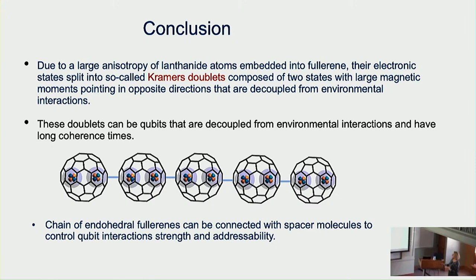And then we are now looking at how to chain them together and even cool them. Of course, one by one, but in principle, I think it's an interesting way to go, to use these amazing, beautiful molecules and atoms of the lanthanide series. Thank you very much.